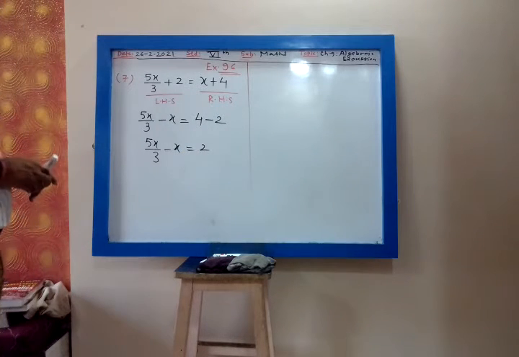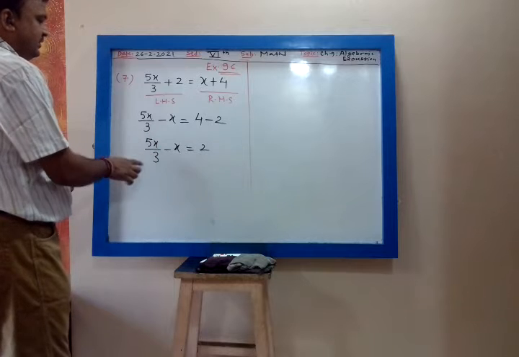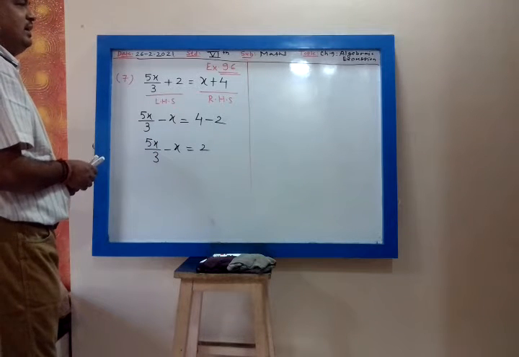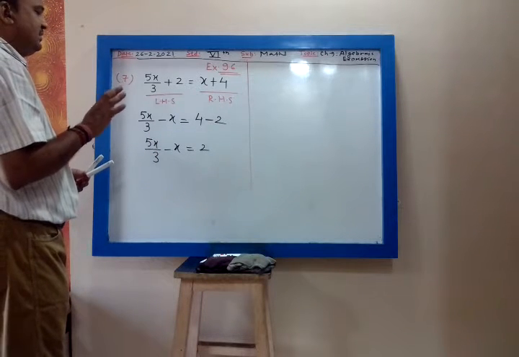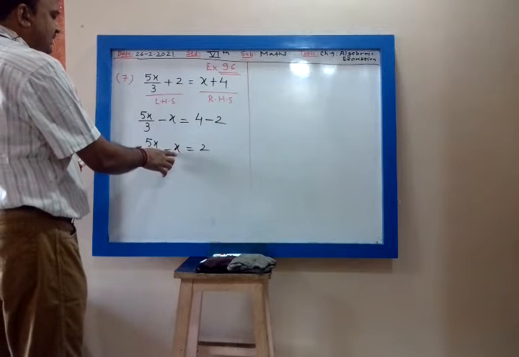Now let us simplify this. 5x upon 3 is a fraction, and x is not a fraction.